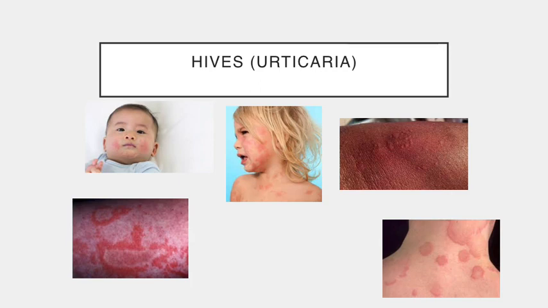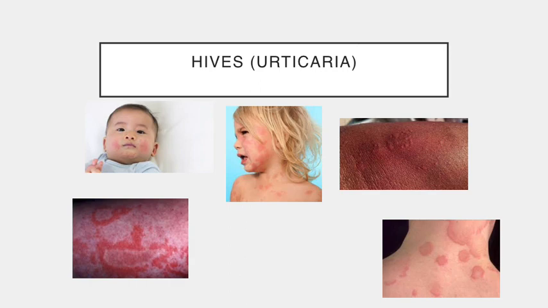Okay, and hives, again, any age group, you see this widely as a reaction, but it can also be chronic and idiopathic. And people will know if they have this chronic idiopathic urticaria.